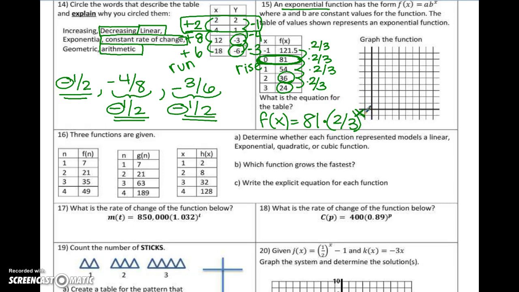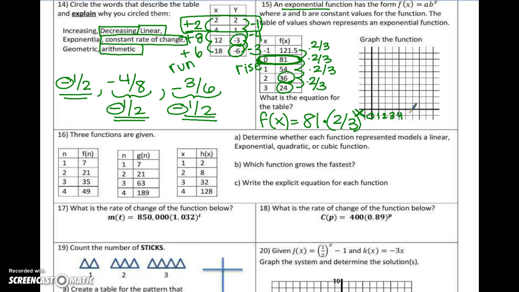And if I go to graph that, on the graph I can go by ones here, but on the y-axis, let's see, we need to get to 121. So you could go by 10s.